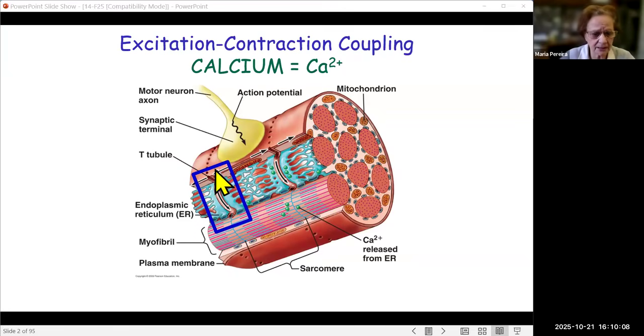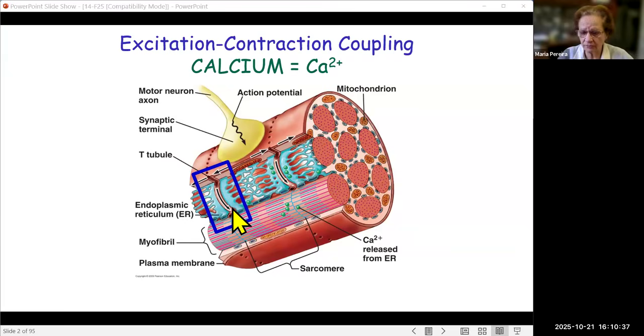Now notice this, that here you have the sarcolemma, which is the plasma membrane of the myofiber. It invaginates inside, so it goes inside the muscle fiber. So this allows for the extracellular fluid to go in. It also allows for the electrical current that is generated by the opening of the sodium channels to be transmitted into the muscle fiber.